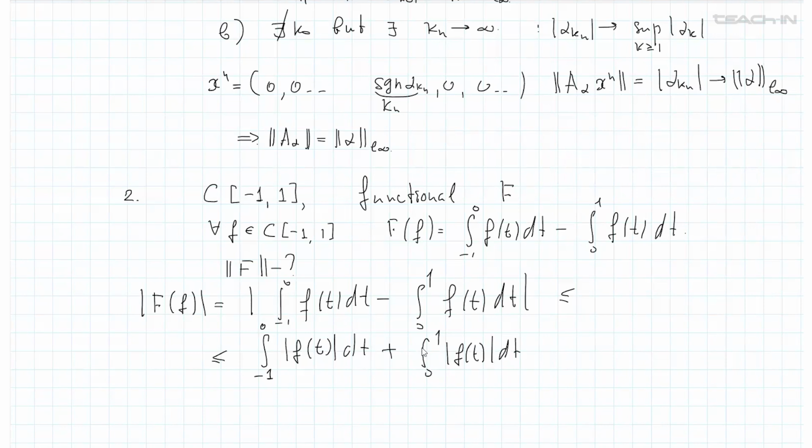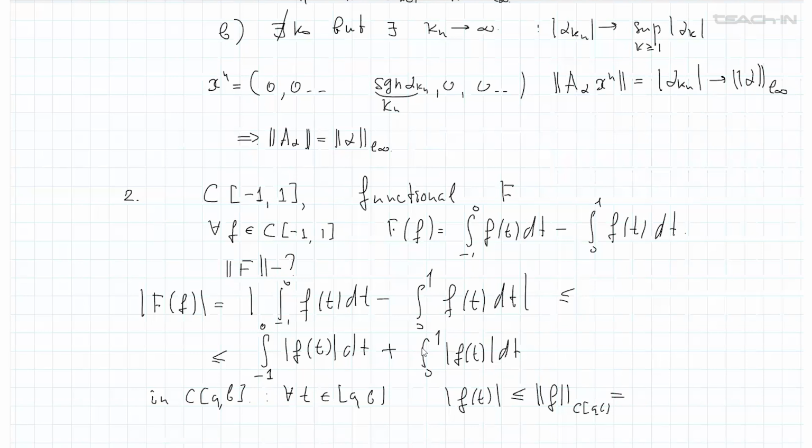And we know that in an arbitrary space C[a,b], we have a very useful inequality. For any point t from [a,b], the value of f at point t is less than or equal to the norm of the function in this space, because the norm is the maximum of values, and here we have only one value at some point t.